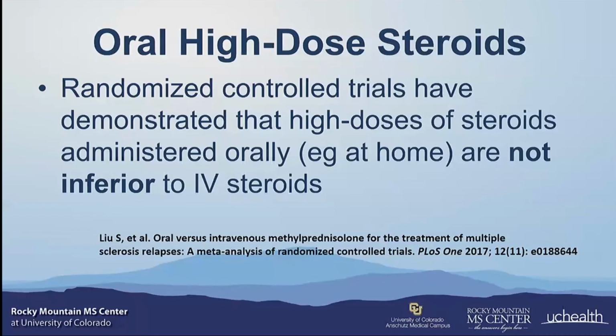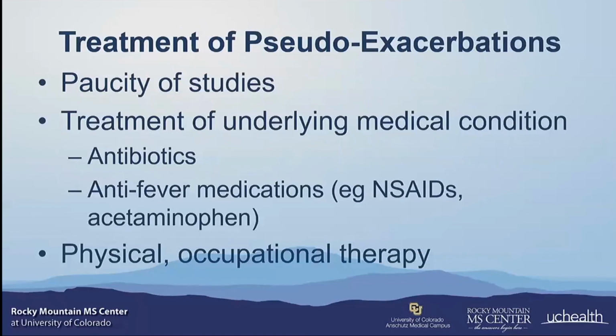As far as treatment of pseudo-exacerbations, because as I said, that tends to be the thing we see more commonly, there really hasn't been that much literature out there on the optimal way to treat them. But what we tend to do is try to identify what contributing factors there are. So for instance, if there's a clear infection, we can give antibiotics.